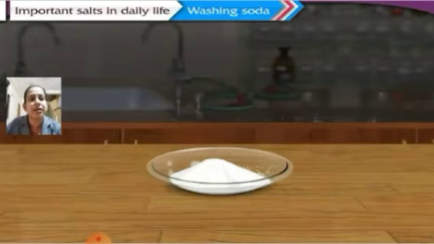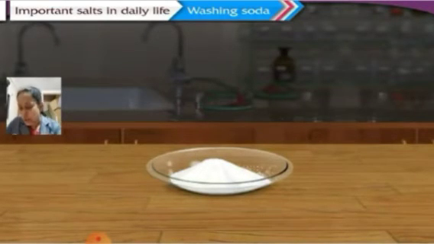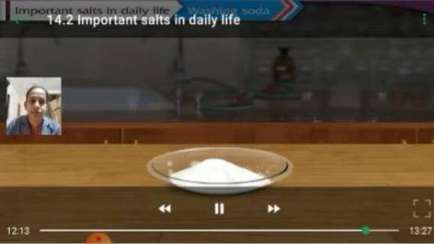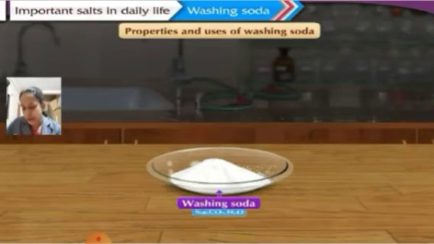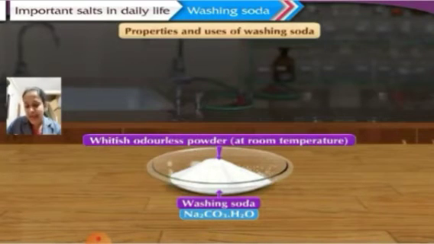Now we will learn the last important salt in daily life, that is washing soda. Let's begin with the properties and uses of washing soda. Washing soda is a whitish and odorless powder at room temperature. You might have heard about washing soda, mostly used to wash clothes.